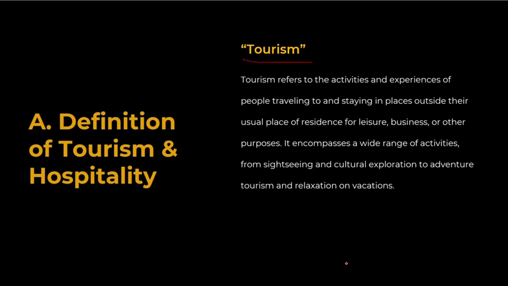Tourism refers to the activities and experiences of people traveling to and staying in a place outside their usual place of residence for leisure, business, or other purposes.